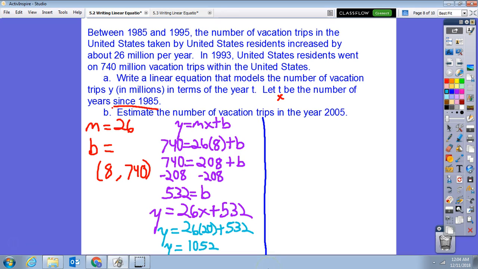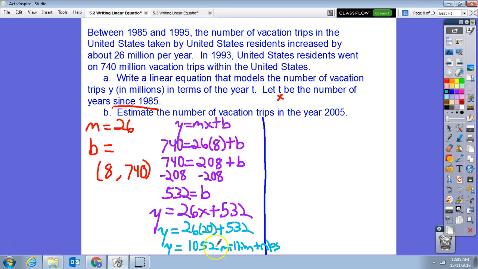Didn't have my calculator open on here. But that should be right, 1052. Now, that's 1052 million trips. Now, is it okay to write it as 1052 million? Yeah. Sometimes you might see it written as 1.052 billion trips, because 1,000 million is a billion.